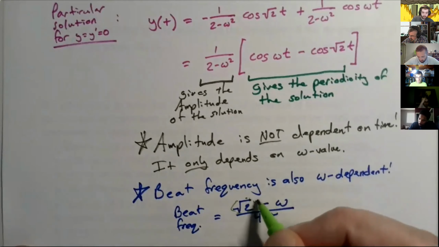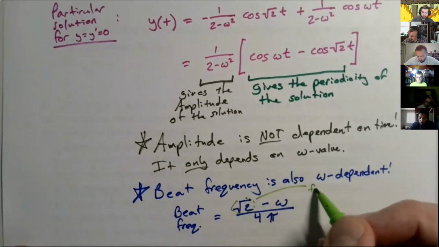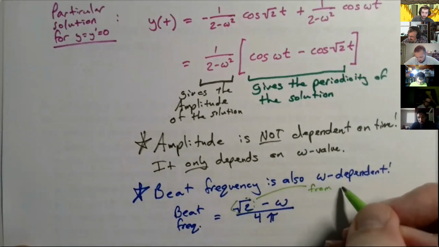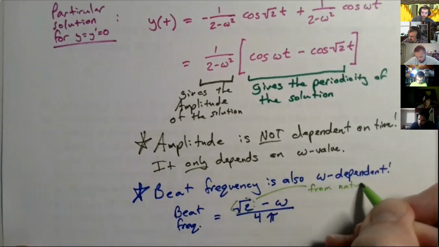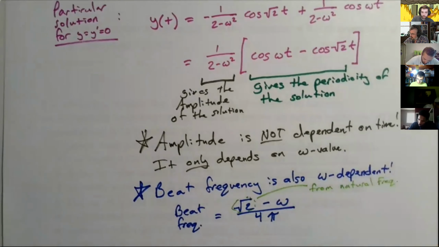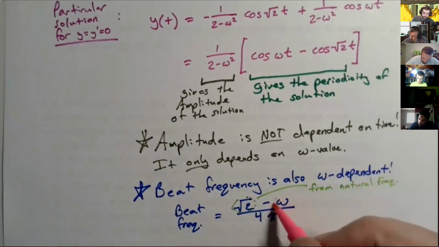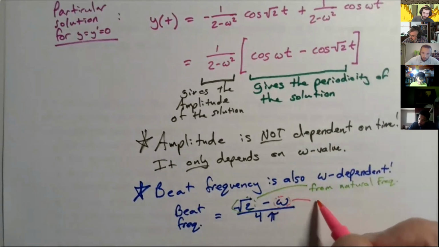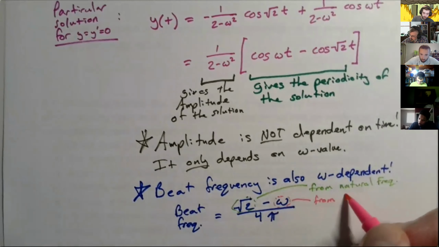This thing right here, that's from the harmonic oscillator, the natural frequency. And this guy right here, the omega, that's from the forcing frequency.